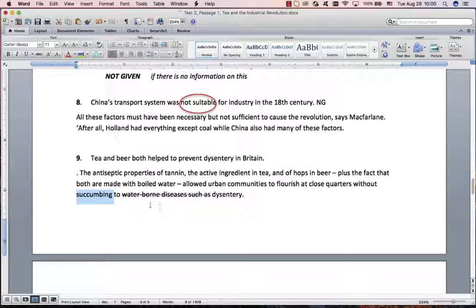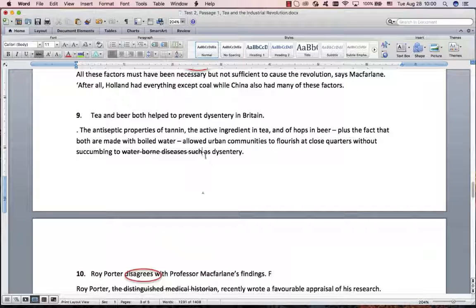Vocabulary, I understand here, is quite difficult. So the tea and beer allowed them to do something positive without falling to dysentery. They did not get dysentery because of the tea and beer. The tea and beer allowed them to not get dysentery. So read that again. The tea and beer helped to prevent dysentery. So the answer is true. That was difficult because of all of this vocabulary.